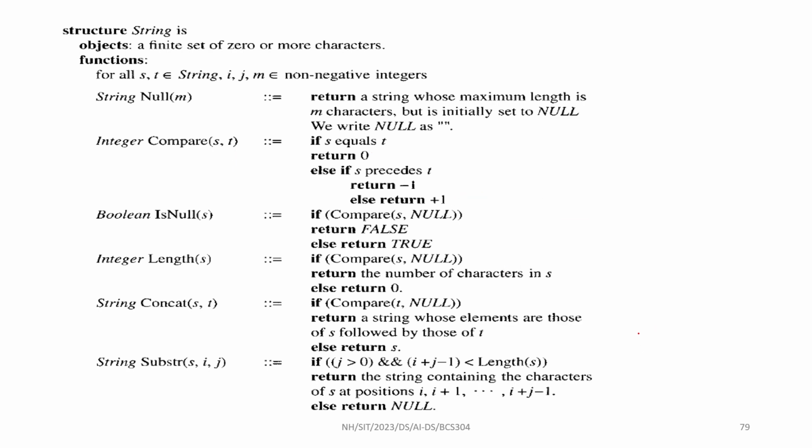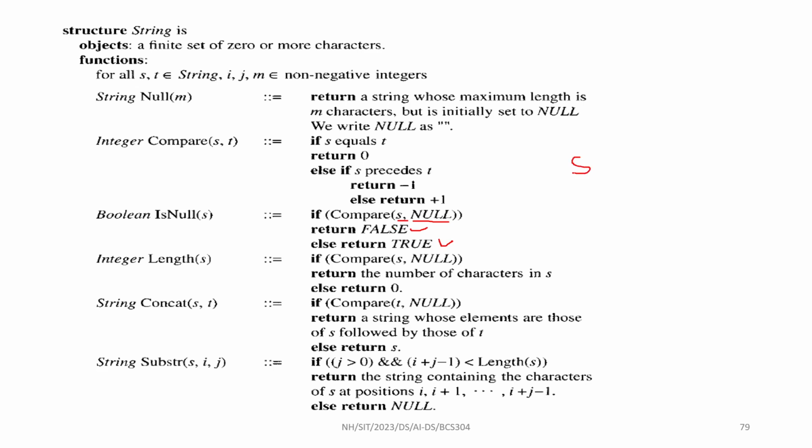Then in some cases, I have to check whether a string is null or not. Again, it is a compare function. You're comparing not with another string but with a null. It returns true or false: false if the string is not null, true if it is null.